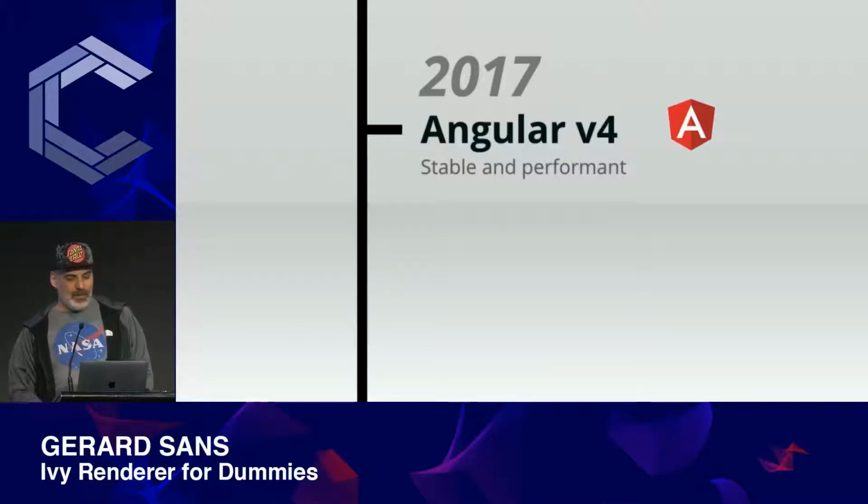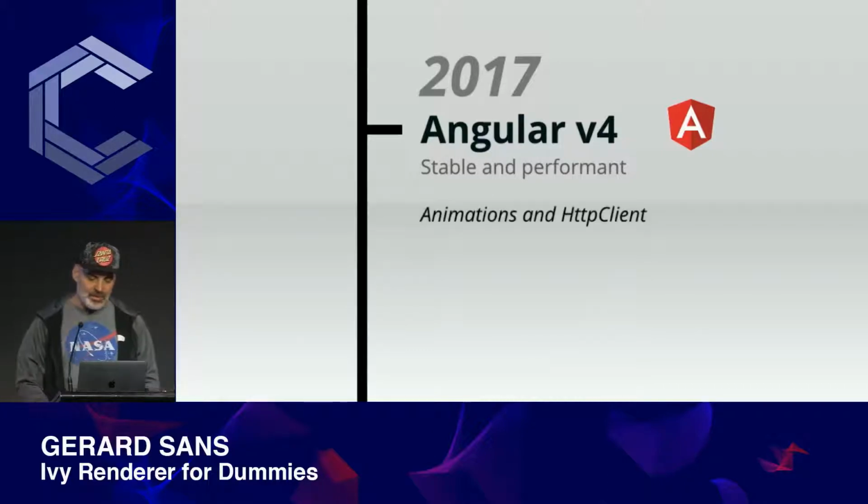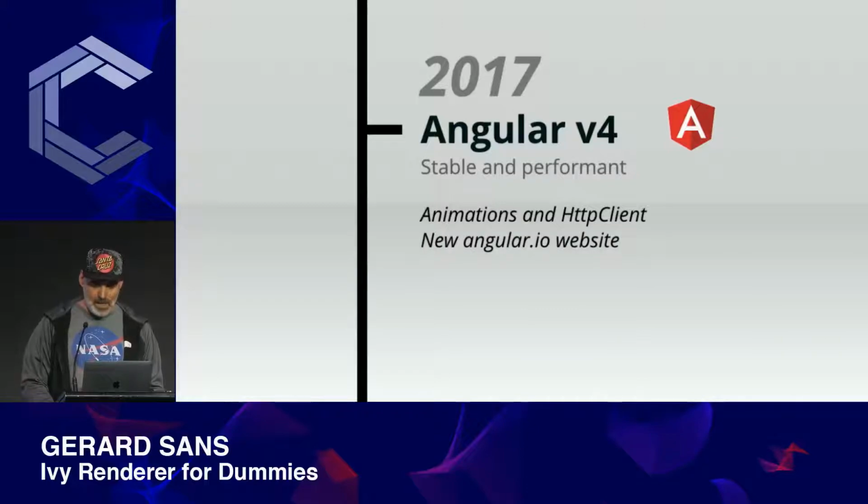2017, we get Angular version 4, and the theme for that version is stability and performance. And this has been around for the next versions as well. We got animations and the new HTTP client. We also got the new website, which is pretty awesome.